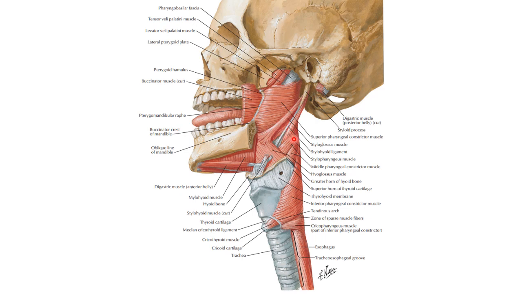This would be the stylopharyngeus, which would connect the styloid process with the cricopharyngeus or the middle constrictors. Okay. Here you have the hyoglossus, which connects the tongue with the hyoid bone, and these are your suprahyoid muscles.